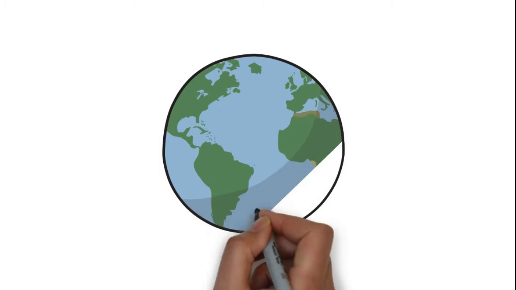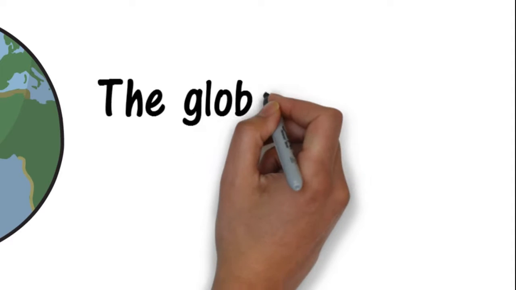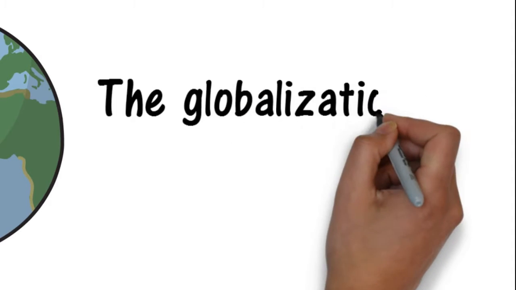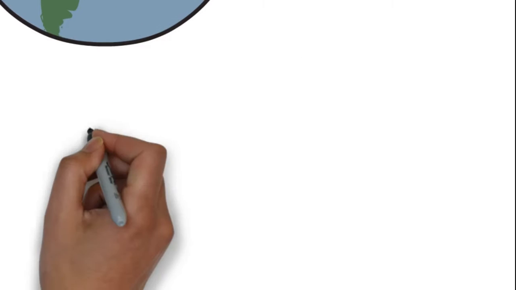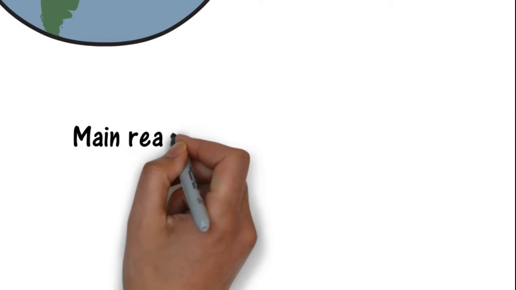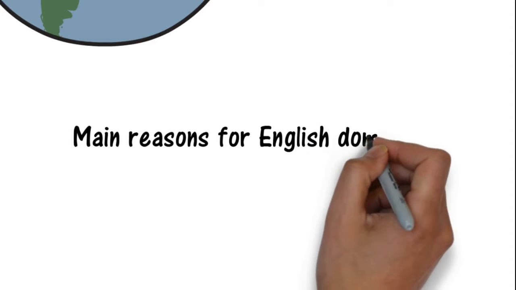When referring to multiculturalism, we can't forget that English is considered a globalized language, which is equal to the language that people of other countries will use in order to communicate between each other.